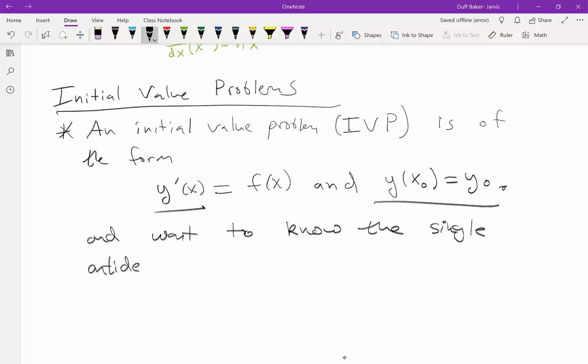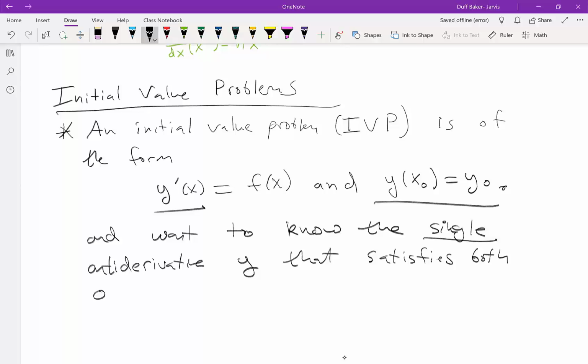But we said there's many antiderivatives, right? And here's where we commonly break the convention when we're not using any capital letters. We're trying to find the one single antiderivative that satisfies both of these things.